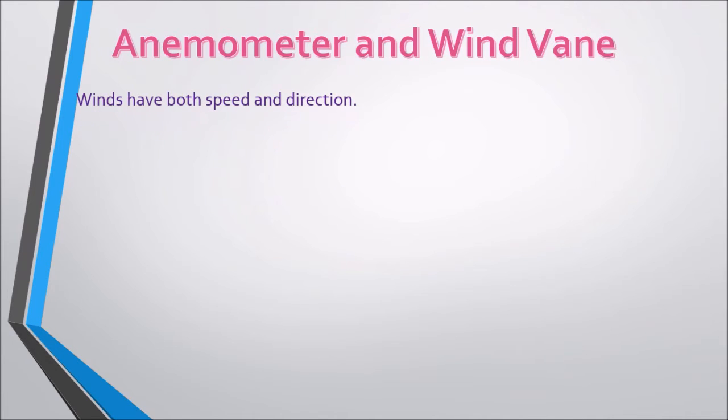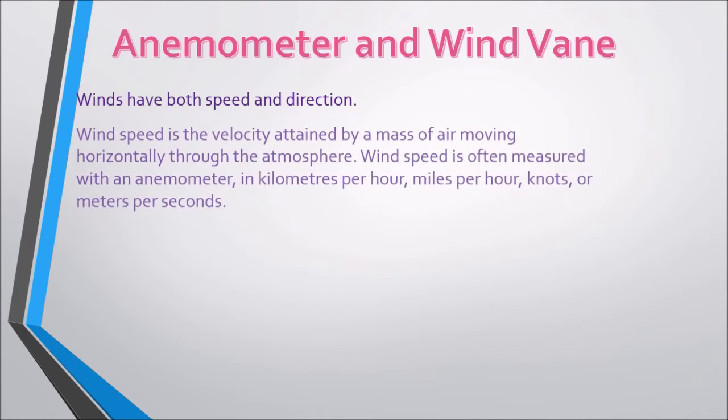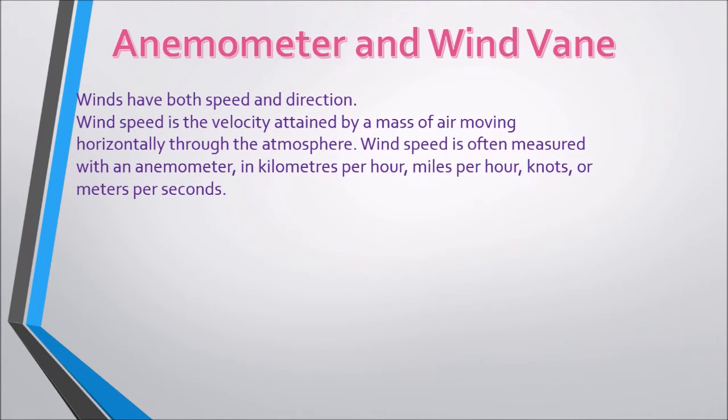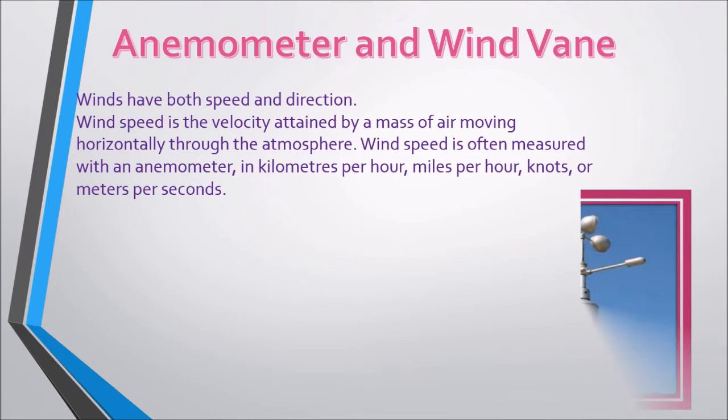Winds have both speed and direction. Wind speed is the velocity attained by a mass of air moving horizontally through the atmosphere. Wind speed is often measured with an anemometer in kilometers per hour or miles per hour, knots or meters per second.